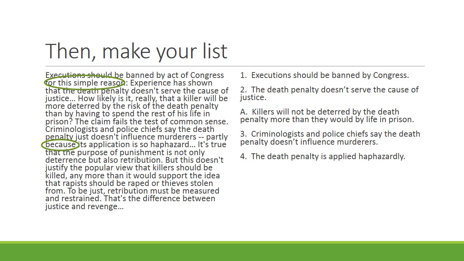It's not a statement that functions in the argument. There is, however, an assumption that I'm going to be able to show you that the death penalty is not an appropriate retribution for murder. That makes sense since we know this person is arguing against the death penalty. I've added that assumed premise, again using a letter, this time B, rather than a number since it's not actually stated.